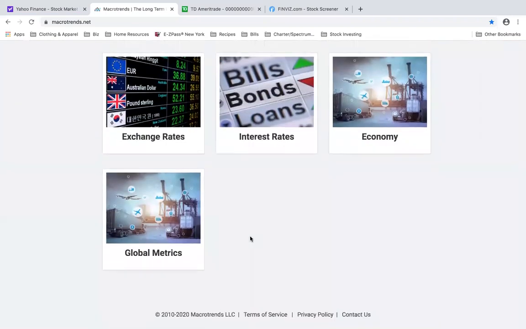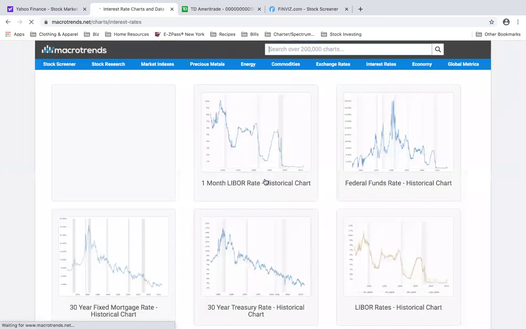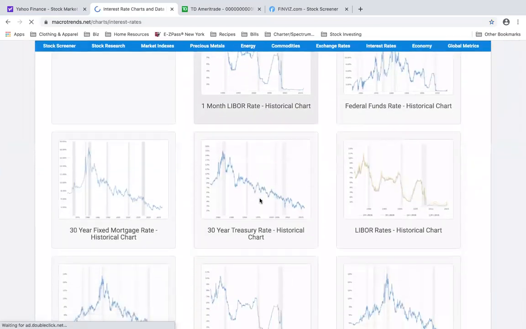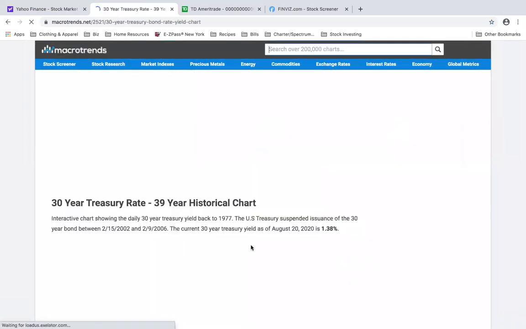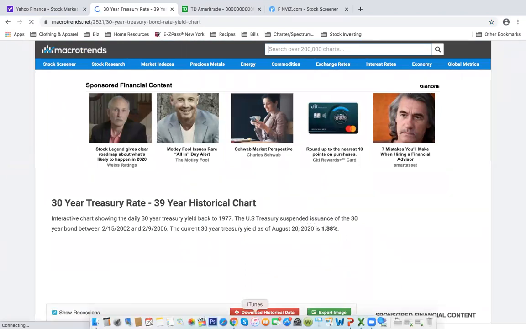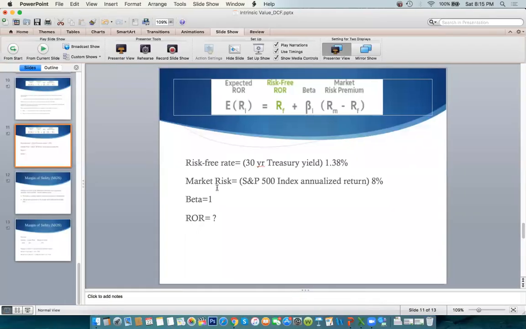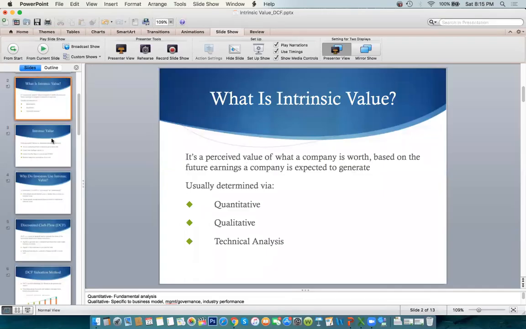I usually go to Macrotrends, and you can pull that up on the interest rates, and it'll give you the different bond rates right here. So as of the 20th, when the market closed, it was at 1.38%. That's where I got that number up over here.